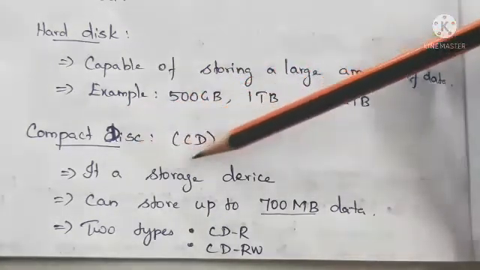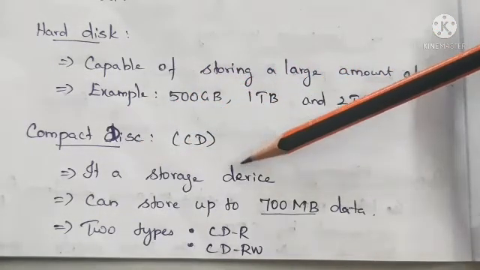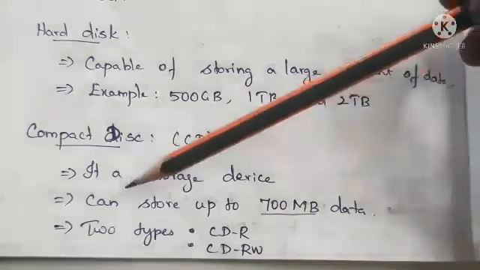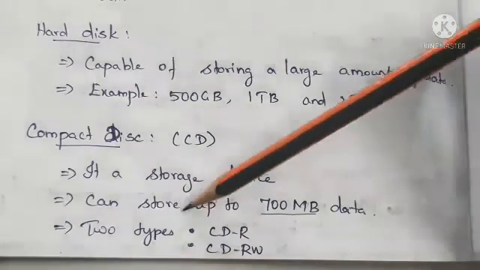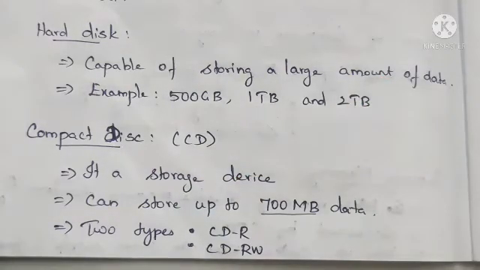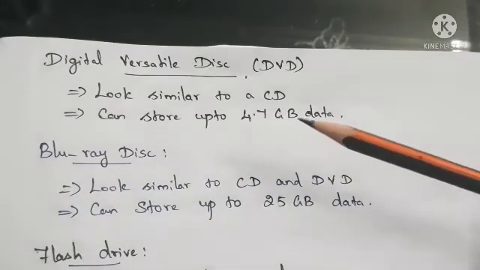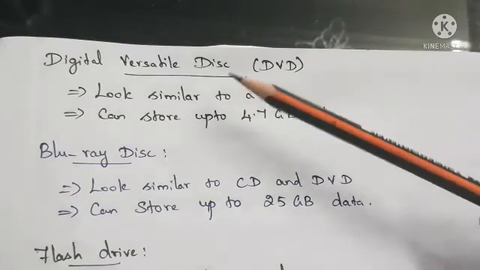It is a storage device to store the data, and it can store up to 700 MB of data. First one is CDR, compact disk recordable. Second one is CDRW, compact disk rewritable.